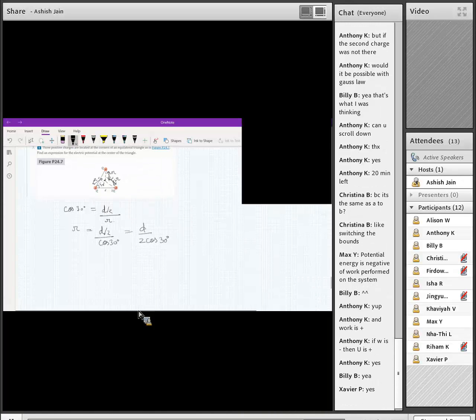Okay, perfect. Then this is a cakewalk. Qi by ri. I don't have to consider any direction, there's no direction involved. This is a scalar quantity.